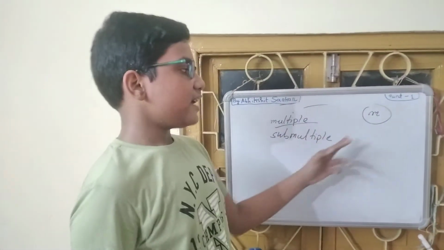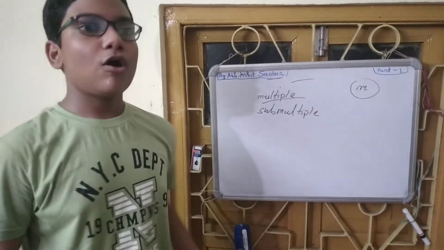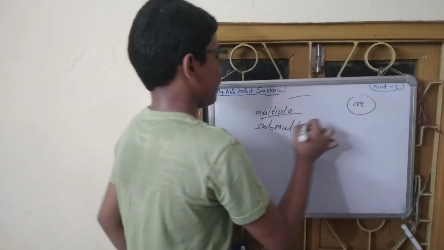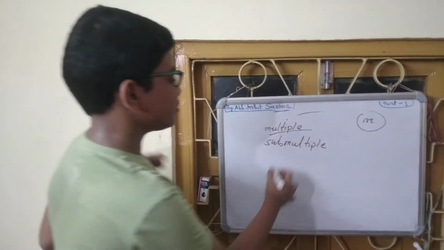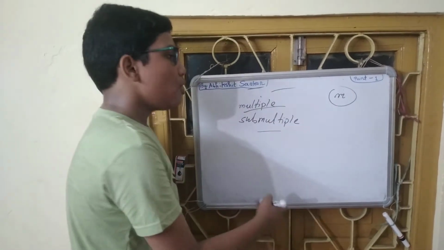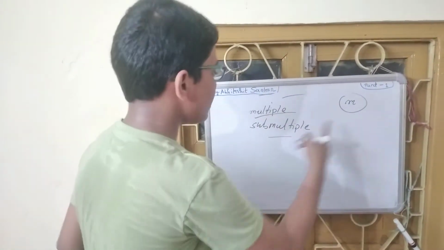The units that are bigger than the SI unit of any parameter are known as multiples. And then what are submultiples? The submultiples are the units that are smaller than the SI unit of any parameter.